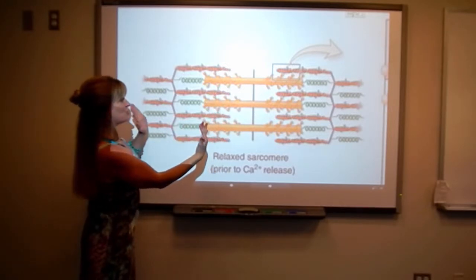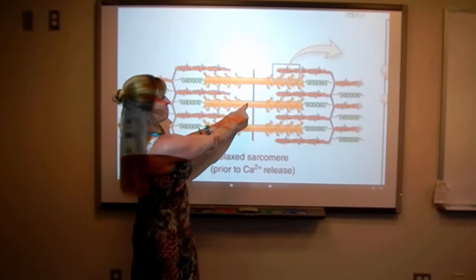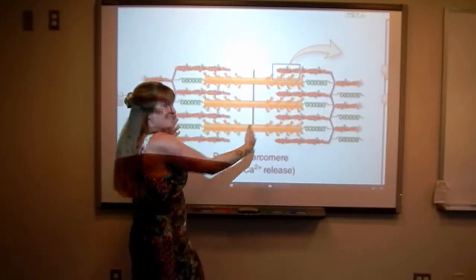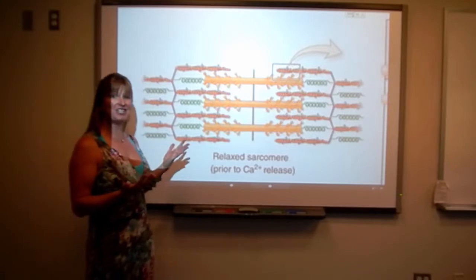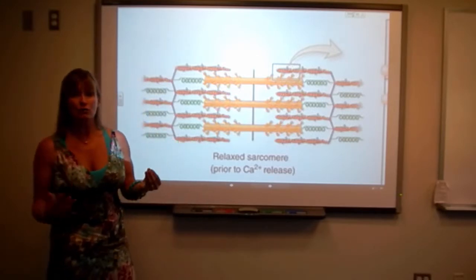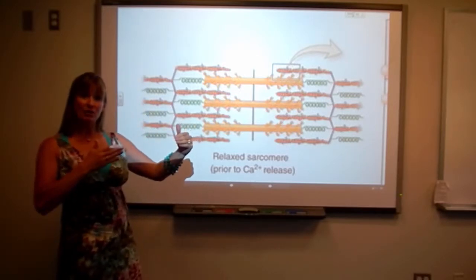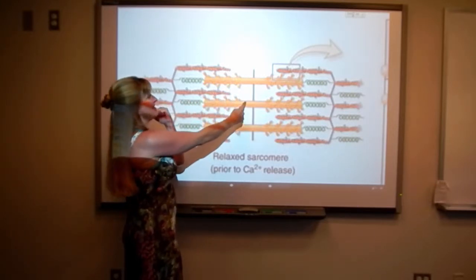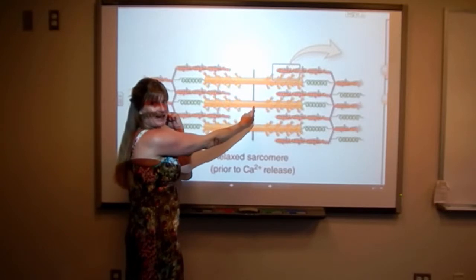But in order for this to shorten, the myosin filaments have to move along the actin filaments and draw these Z discs towards each other. The analogy I think of is it's much like rowing crew, where you have two rowing boats. The two rowing boats are going in opposite directions, but they're attached at the nose and the midline.